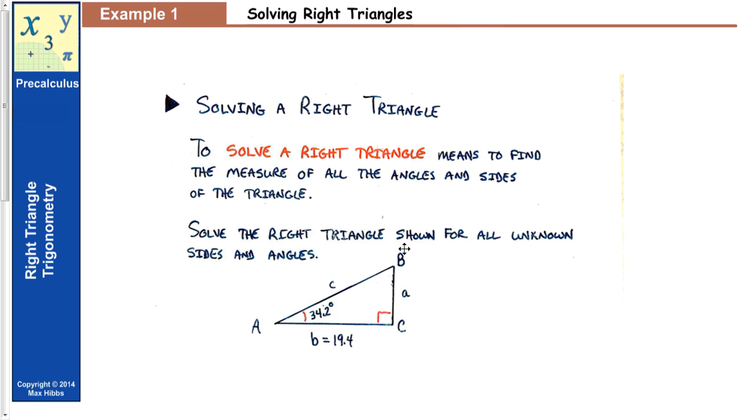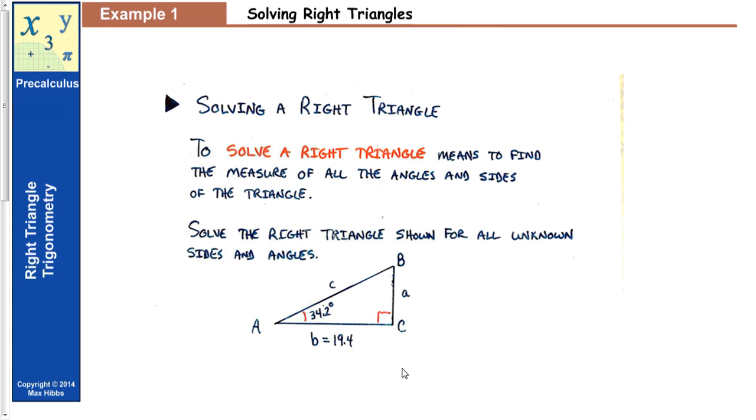The side opposite angle B is lowercase b. You see that relationship. And of course, we label the hypotenuse lowercase c, and that's opposite angle C, which is the right angle. So it's not unusual that we see this scenario.